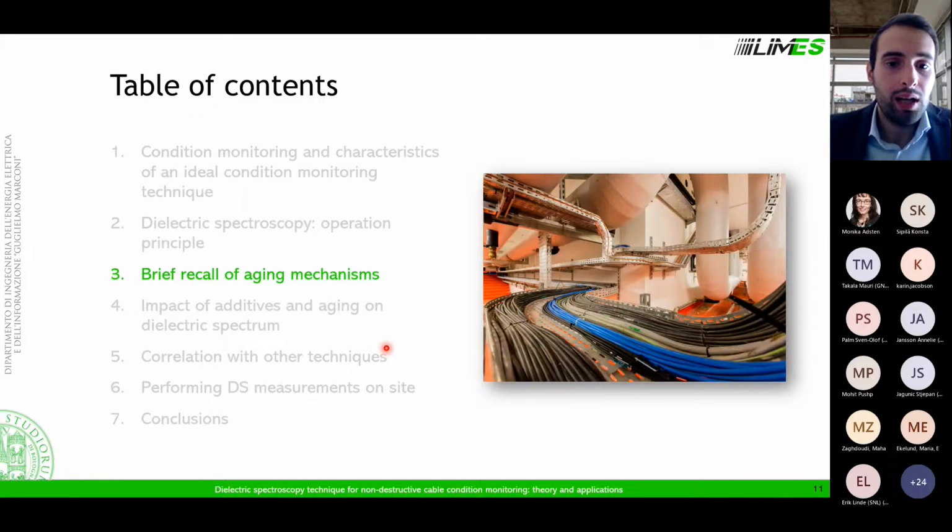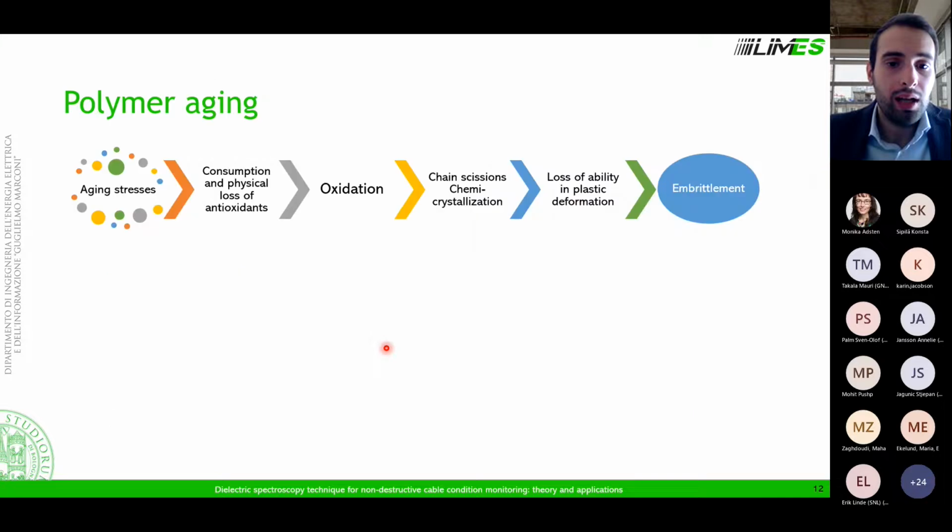Before moving to the results from the application of this technique to, for example, cables, I will briefly recall the aging mechanisms. They were already described by Konsta today and yesterday by the researcher at PNNL. Anyway, just to recall, the aging stresses can bring about macroscopic embrittlement of the material and loss of the ability for plastic deformation of polymers.